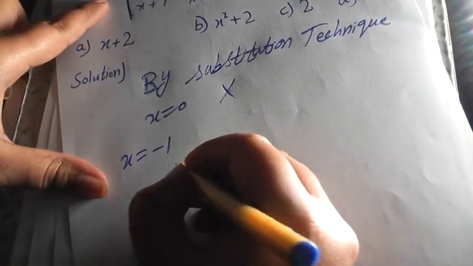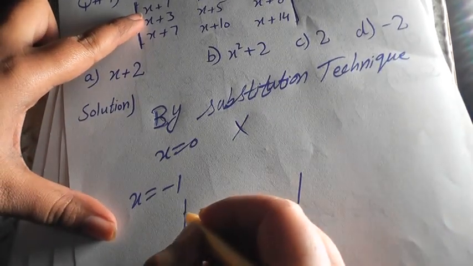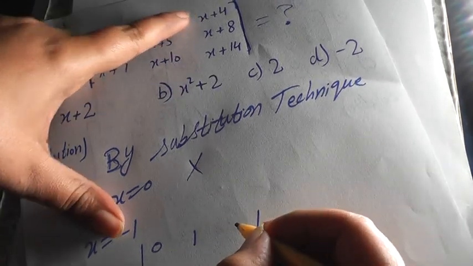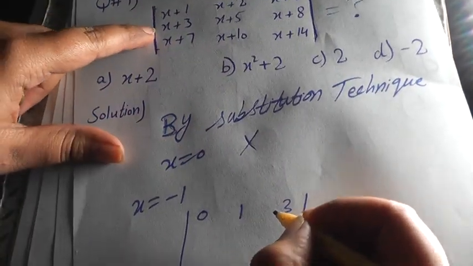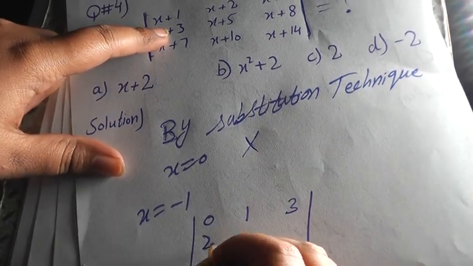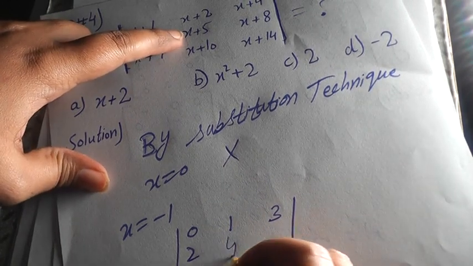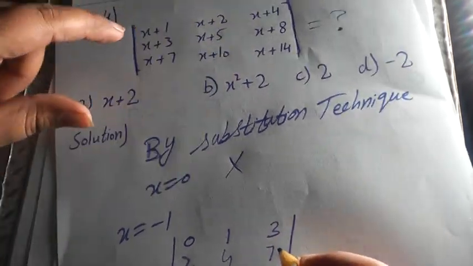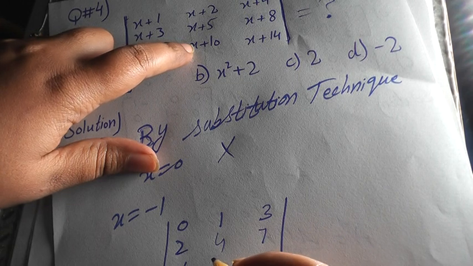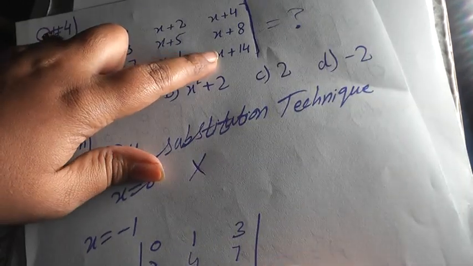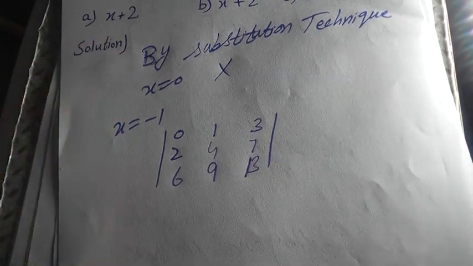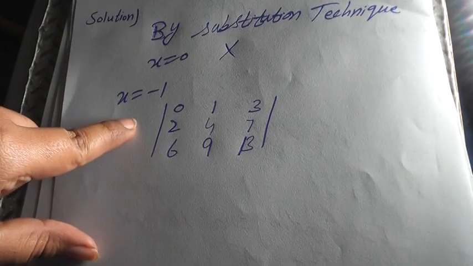X is equal to -1, and then the given matrix determinant is equal to -1 plus 1 is equal to 0, and -1 plus 2 is 1, -1 plus 4 is 3, and -1 plus 3 is 2, -1 plus 5 is 4, -1 plus 8 is 7, -1 plus 7 is 6, -1 plus 10 is 9, -1 plus 14 is 13. If we take x is equal to -1, then the given matrix is in this form.